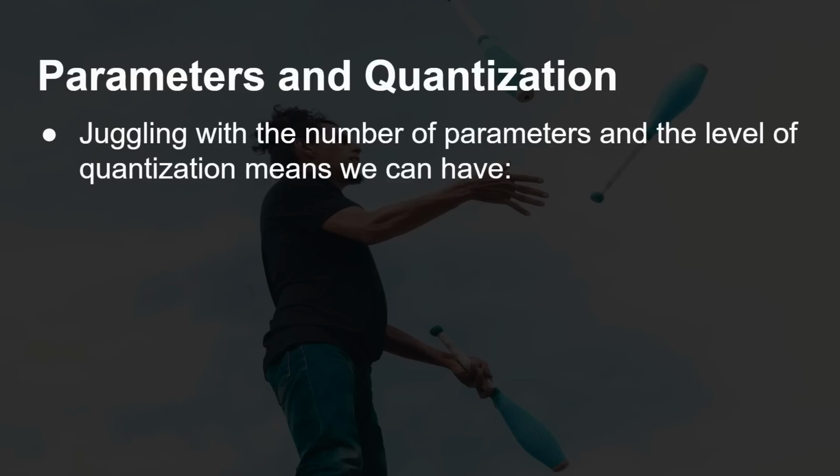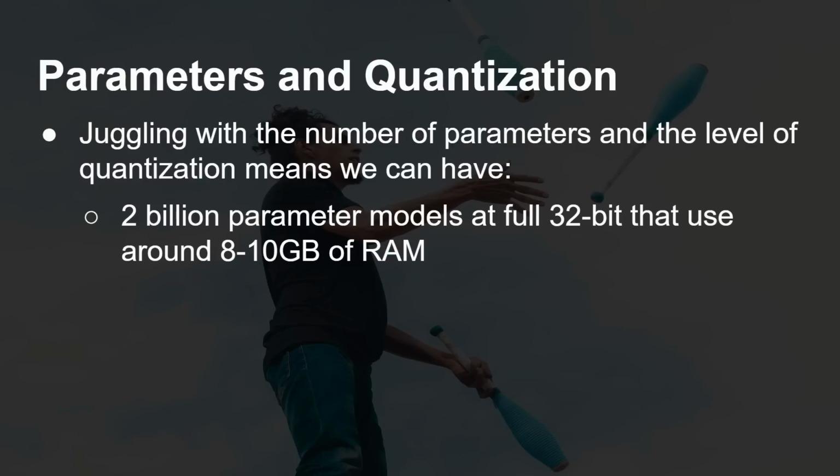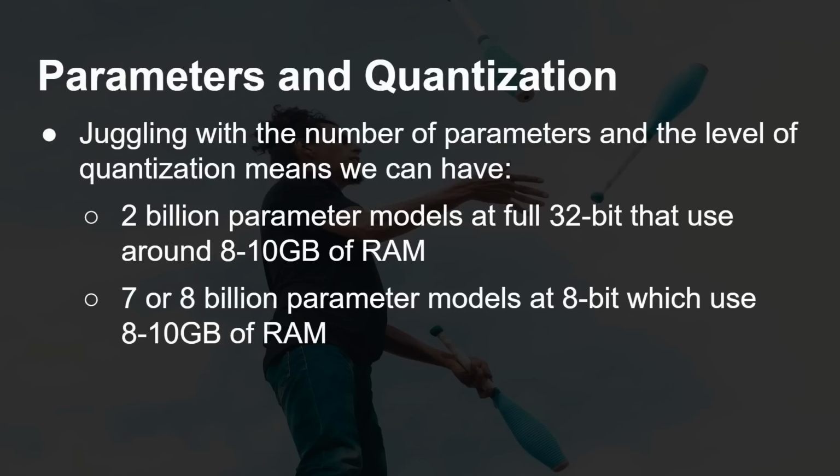Now, juggling with the number of parameters, so 2 billion models, 8 billion parameter models, and so on, and the level of quantization, do you want that in 32 bits or do you want that in 4 bits, means that we can have a 2 billion parameter model at 32 bits that fits into 8 to 10 gigabytes, as I said. Or similarly, we could have a 7 or 8 billion parameter model at 8 bits, which fits into 8 to 10 gigabytes.